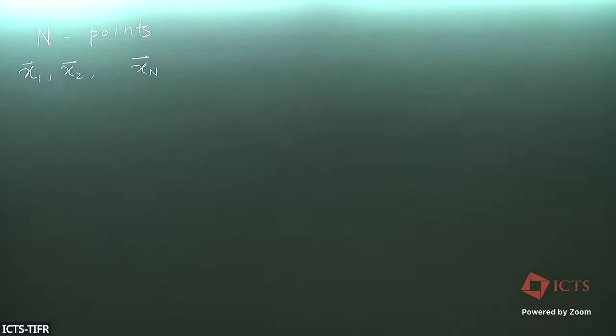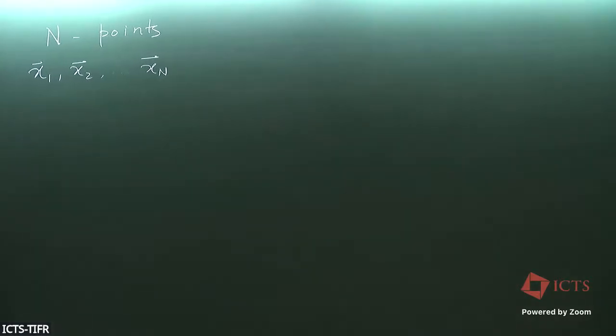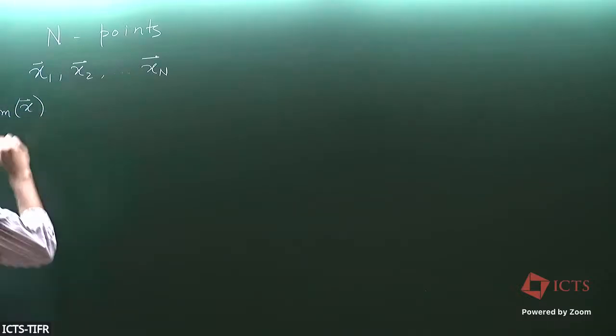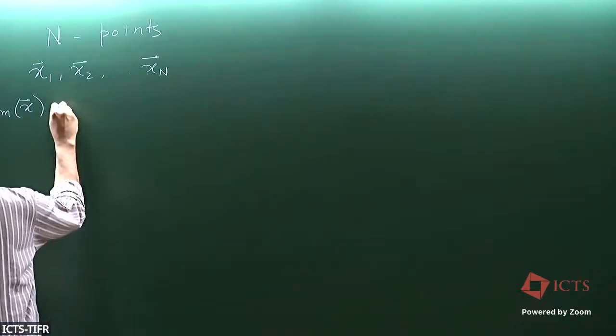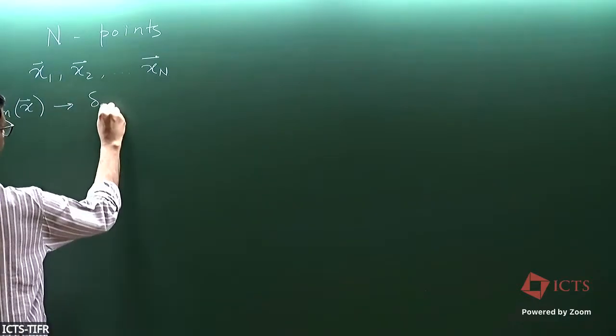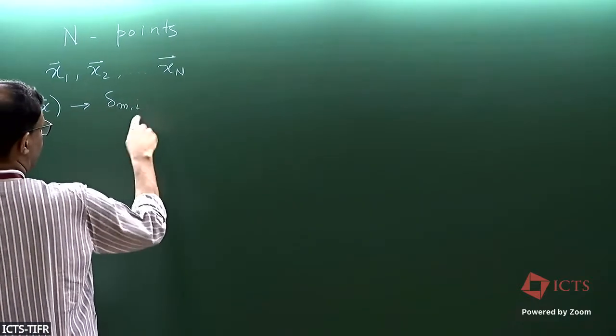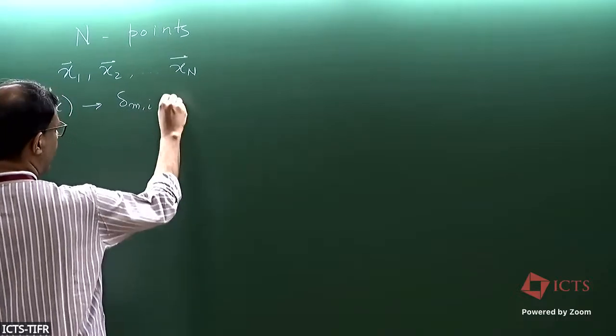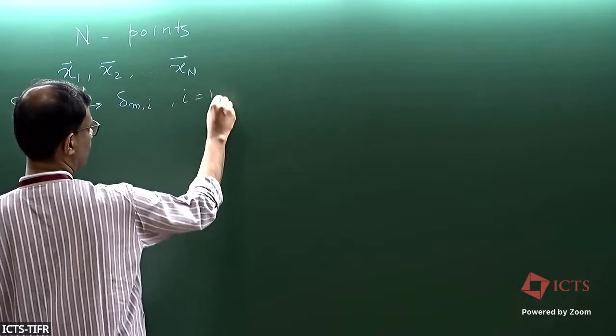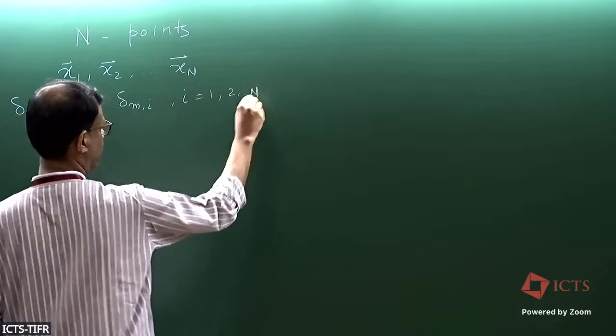So this is the broad idea. The field delta m(x) then can be represented by a set of n numbers. So I will specify delta m at all x_i, where i goes from 1 to n.